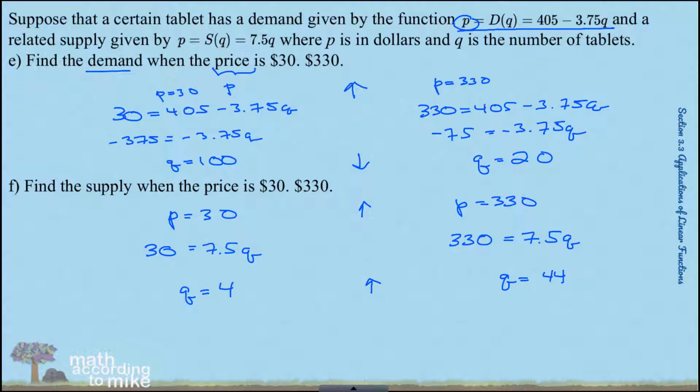Also, as a note, let me bust out a highlighter here. Oh, we're going orange. Notice when the price was $30, 100 tablets were demanded. But when the price was $30, only 4 tablets were supplied.